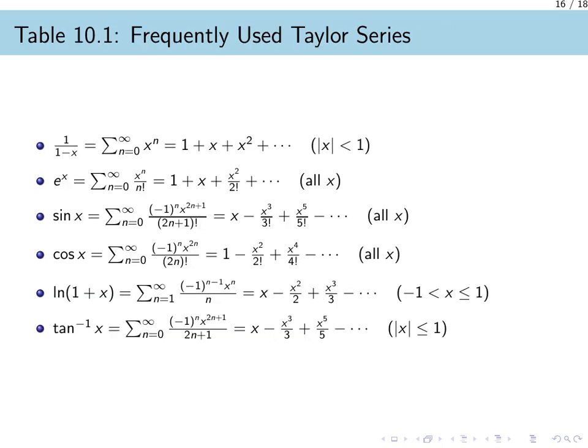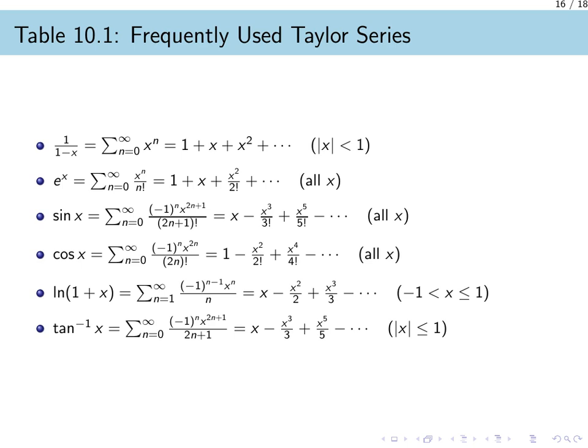This slide presents a table of the most important and frequently used Taylor series expansions. Think of this as your toolbox. These are the fundamental series that we will use as building blocks to analyze more complicated functions. Notice that the series for the exponential e to the power of x, sine of x, and cosine of x are valid for all values of x.